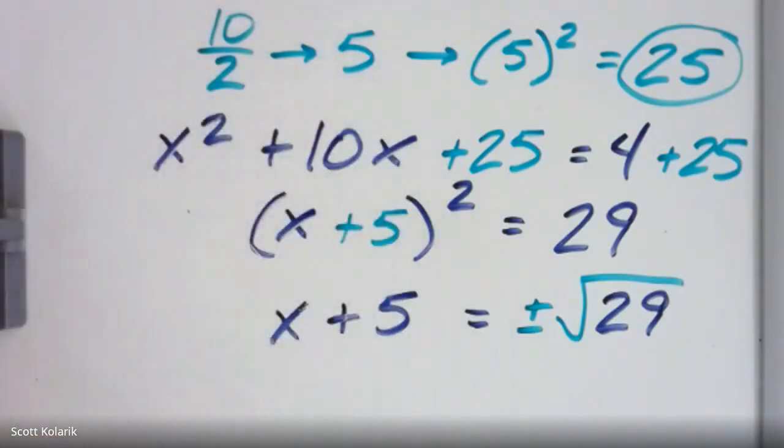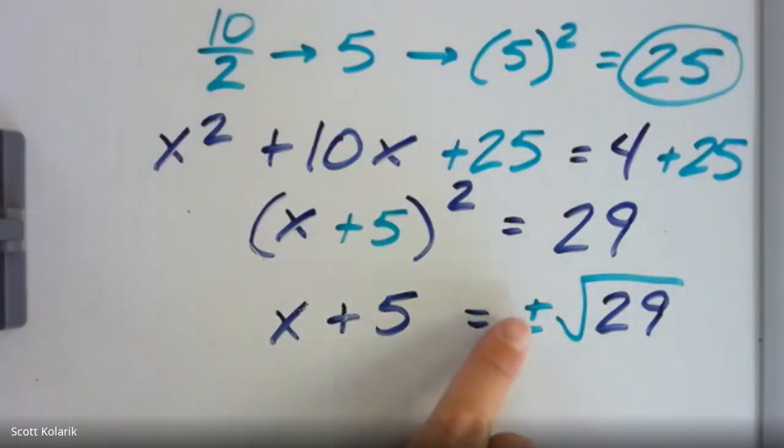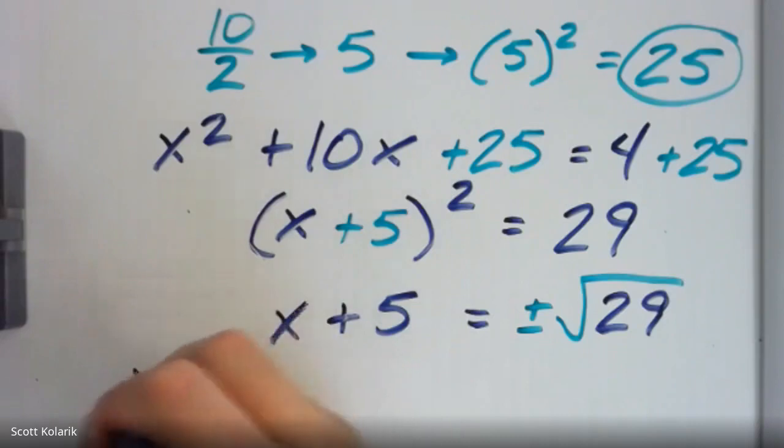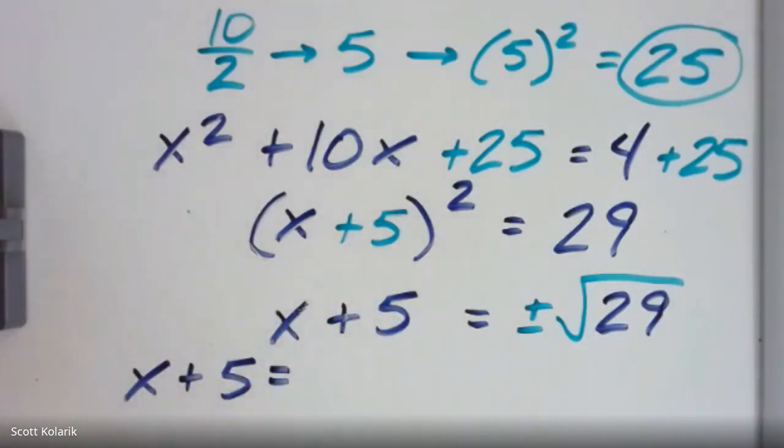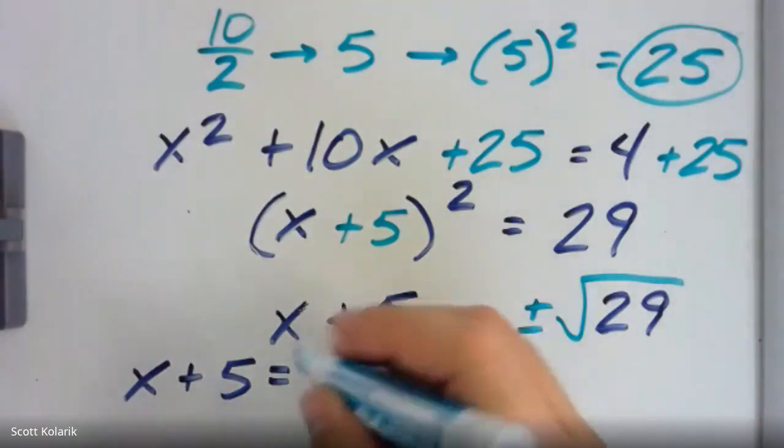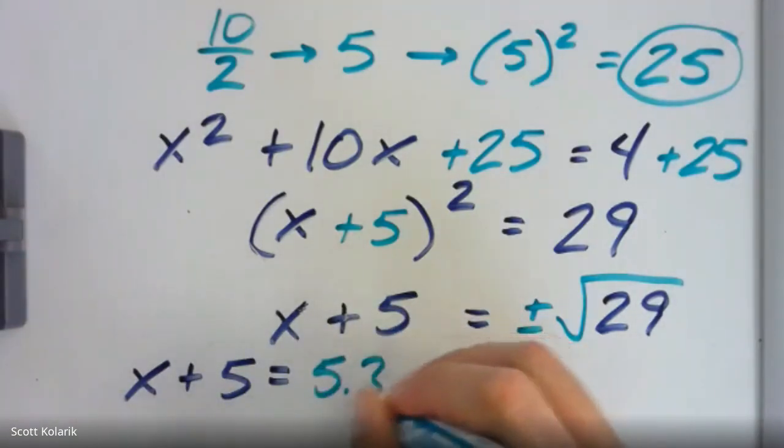That 5.4, if I'm asked to round to say the nearest 10th, it's going to be either positive 5.4 or negative 5.4. And so when I have my two equations, I'm going to have x plus 5 either equals, I'll round to the nearest 100th actually, 5.39 positive.